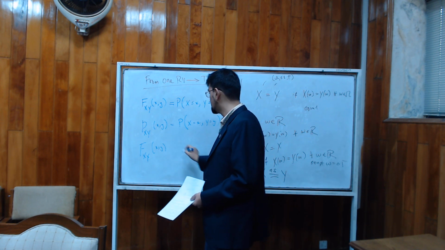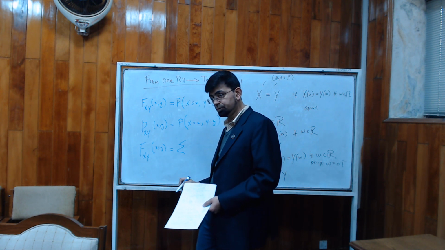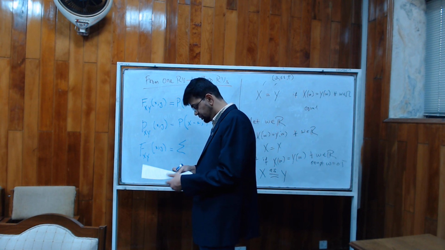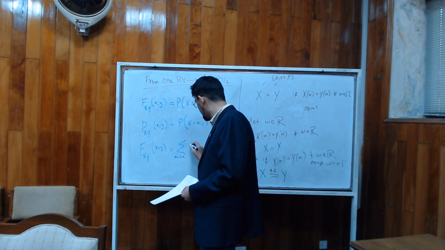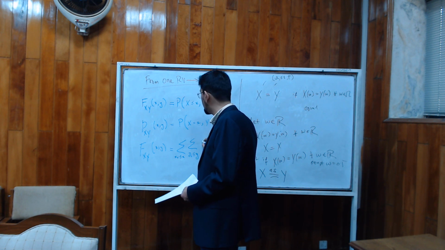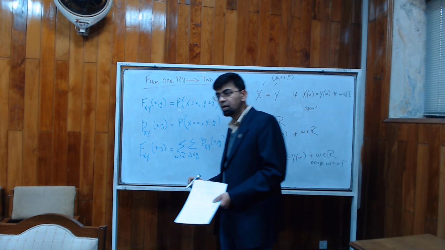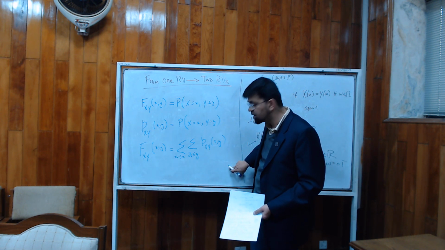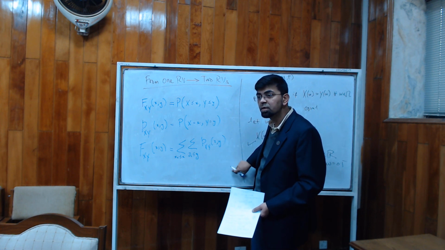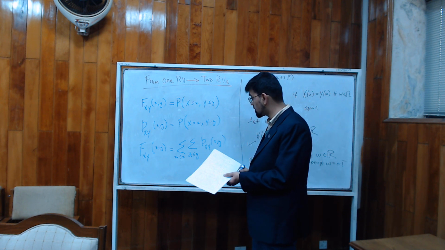In the discrete case, summation over x_i less than or equal to x and summation over y_j less than or equal to y of the probability of x_i and y_j. Whereas in the case of a single variable, you were summing these like this, now you have to sum over all the points in this region.